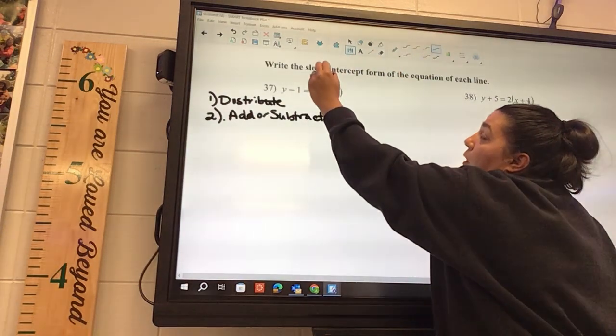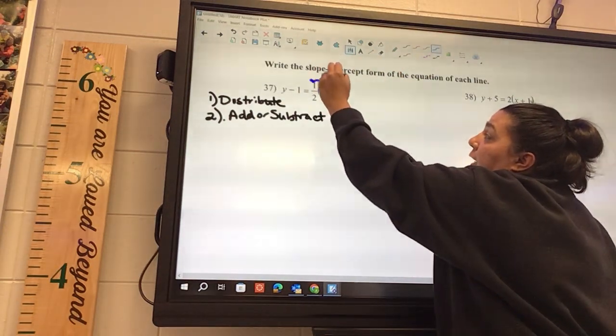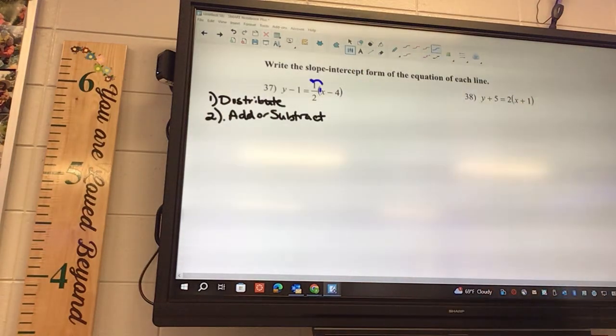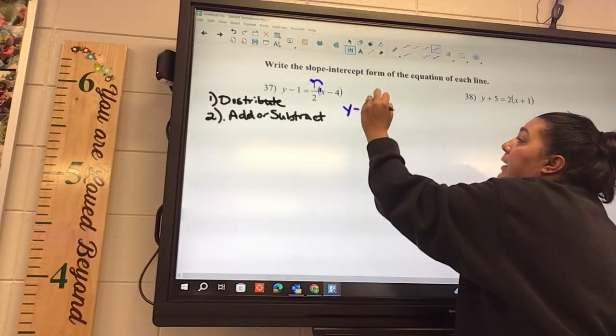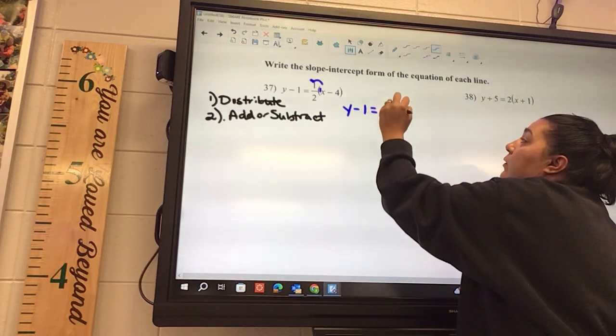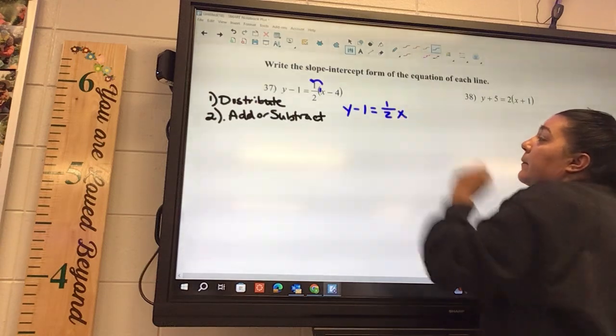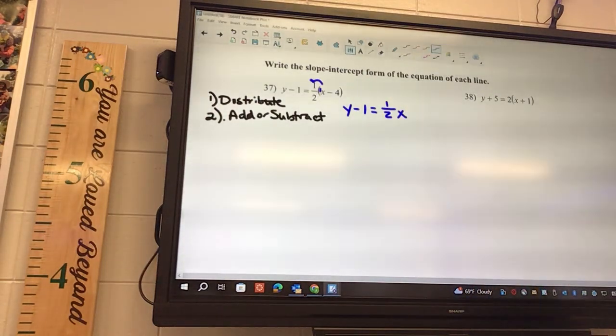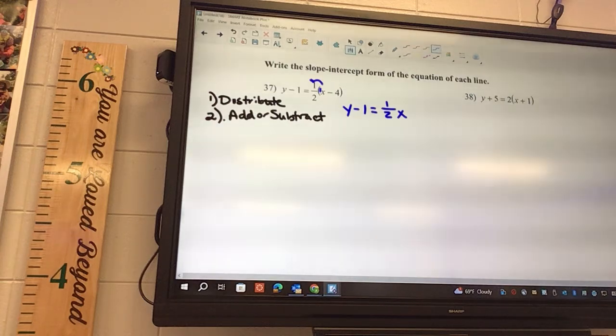Okay, so 1/2 times 1. What's 1/2 times 1? It's going to be 1/2. So we're going to get y minus 1 equals 1/2 x. 1/2 times negative 4. Okay, and then some of you probably don't remember how to type it on the calculator.